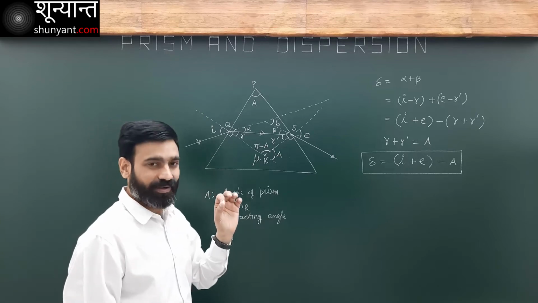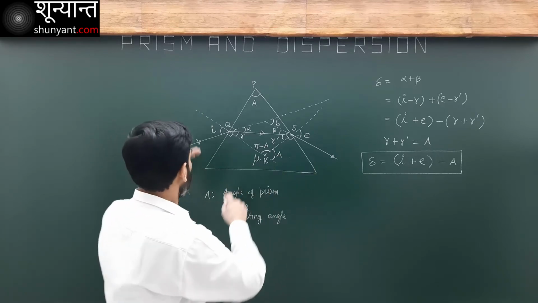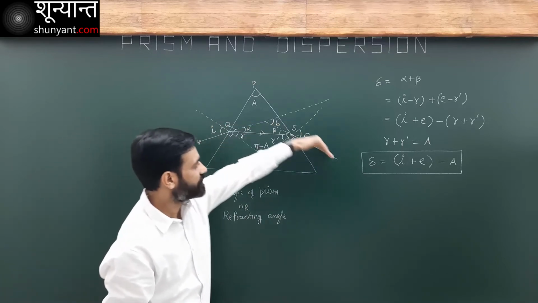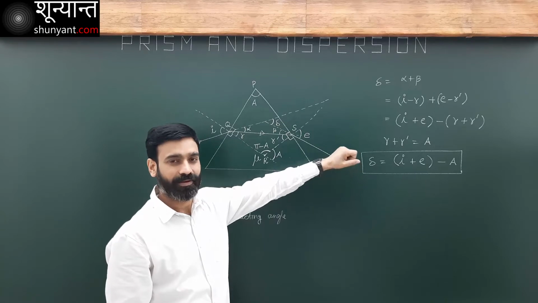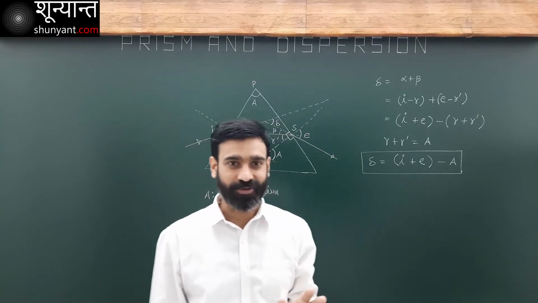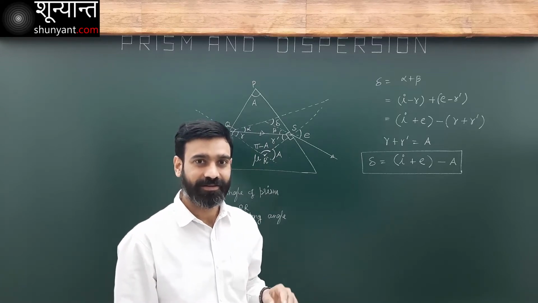Okay, now one other very interesting thing. It's like this. This is the incident light, and it finally emerges in this direction. Now use the reciprocity. Reciprocity, such an important tool. We have been using it in several places.